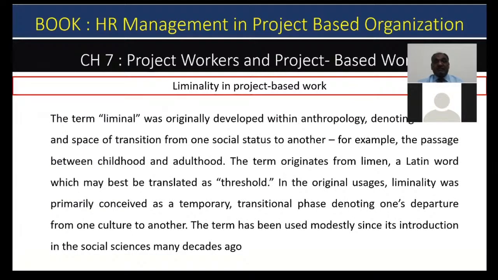The last thing is liminality in the project-based work. What is liminality? We said boundaryless, we said permanence. Now we are saying that it is limited. What makes it limited?